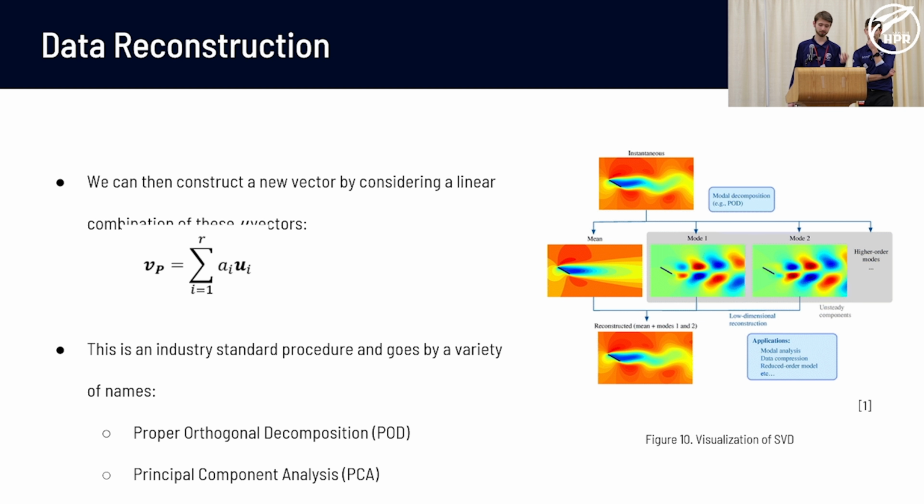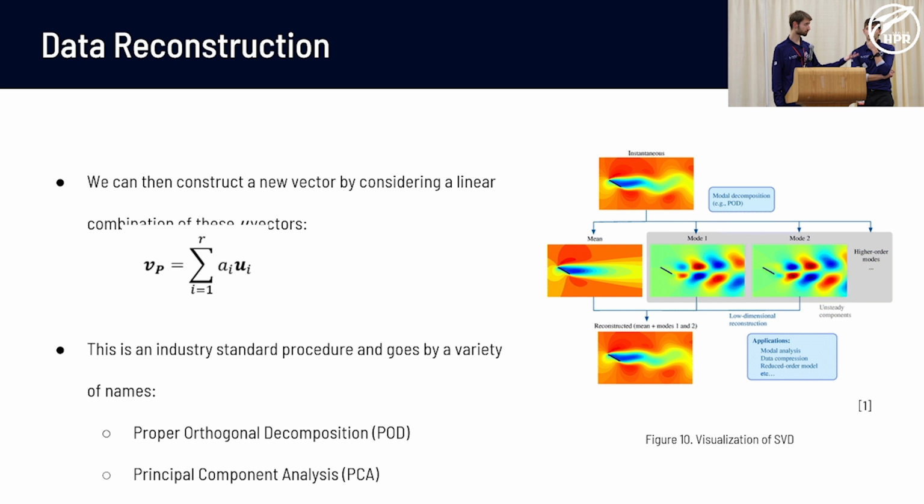And so, as you can see visually here, what these basis vectors represent, they're almost like Fourier modes to your flow, right? So you can see at the top, you have a flow, and then after conducting the SVD, you can break it up into these basis vectors, and these basis vectors, they're like the resonant frequencies of the flow. And then if you take a new linear combination, that is to say, you multiply these basis vectors by different coefficients, you can construct an entirely new flow that's reasonably similar to the original one.